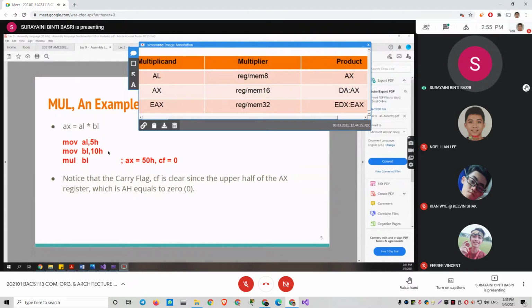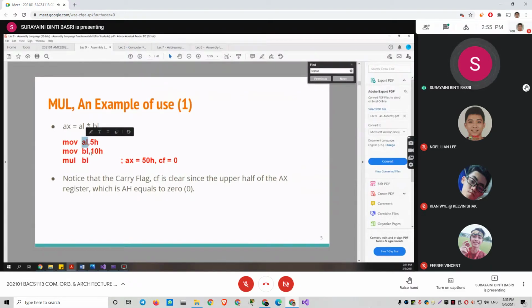First, specify the value inside your AL. After that, specify the value in your BL. Then you only need to multiply BL, because that is the syntax of multiplication in assembly language. The computer knows that this BL should be multiplied with AL.